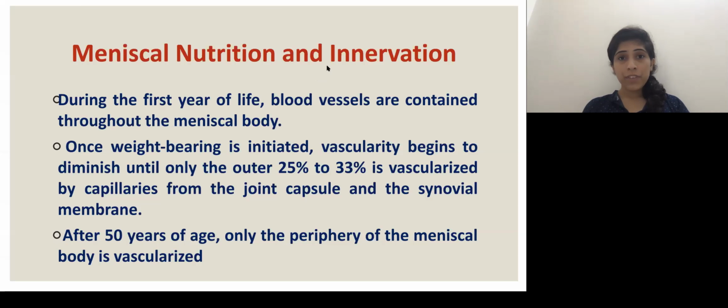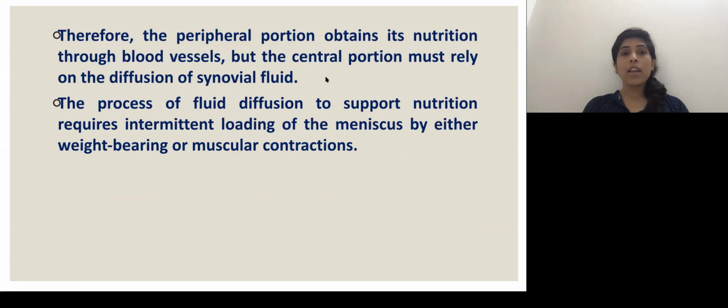After 50 years of age, only the periphery will get vascularized, and if it is damaged, there are chances of healing. But in the central area, there are fewer chances of healing.